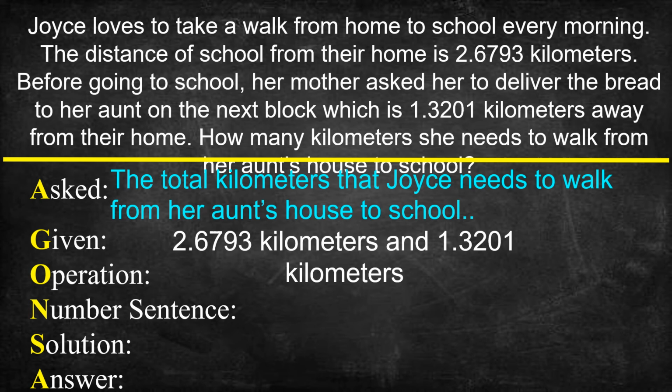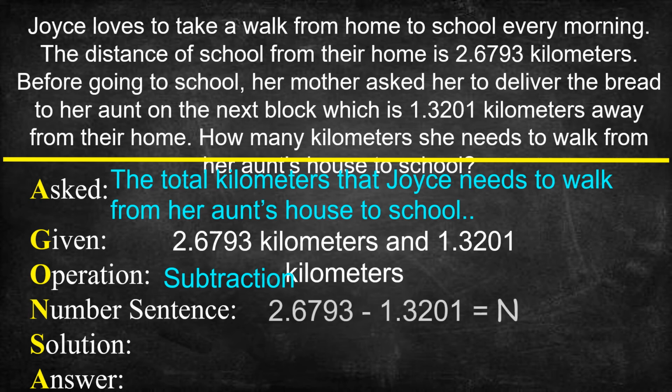Ang hinahanap na lang natin ay yung natitira pang kabuuang kilometro ng kanya pang lalakarin para makapunta siya sa school. So, meaning, yung total ay kailangan nating ibawas yung nalakad niya na. So, it means that the operation will be subtraction. And then for our number sentence, we have 2 and 6,793 ten thousandths minus 1 and 3,201 ten thousandths is equal to n.